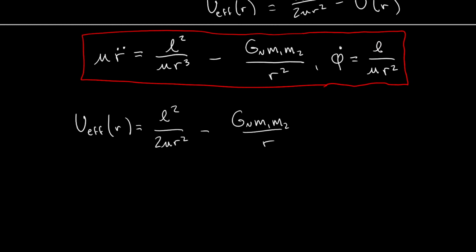So I'm looking at both of these, right? I can look at both of these, compare them, and what I can see is that the potential that I get from the centrifugal force is positive, so it has a positive sign, and it dominates at short distances.